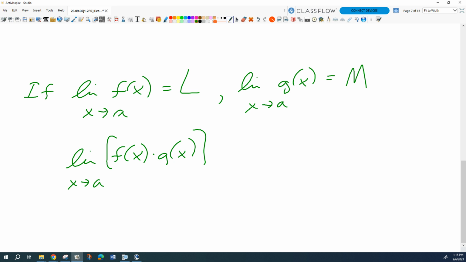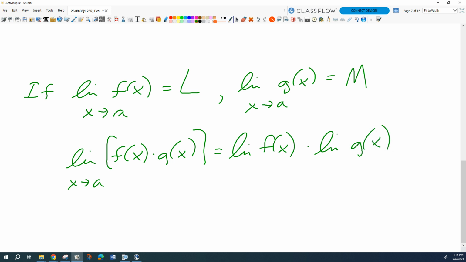So listen carefully. This is going to sound a little confusing. The limit of a product is equal to the product of the limits. Okay, so what's that mean? The limit of a product, right? So the limit of f of x times g of x, that's a product, they're being multiplied, is equal to the product of the limits.